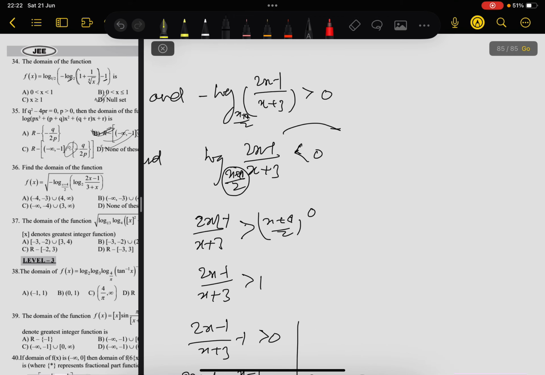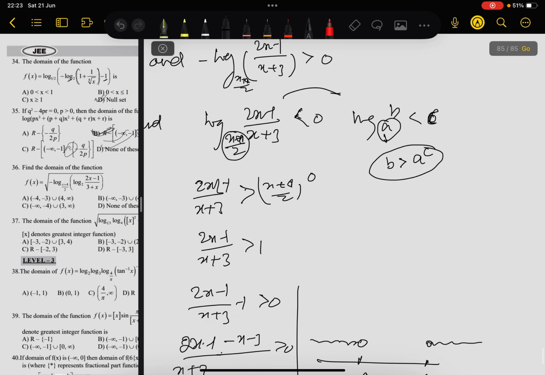There was a property here I am using, log of b with base a is less than 0, right? So if a is between 0 to 1, you can write b, the inequality will get changed, b less than a raised to c, suppose c, so the inequality will get changed because a belongs to between 0 to 1.